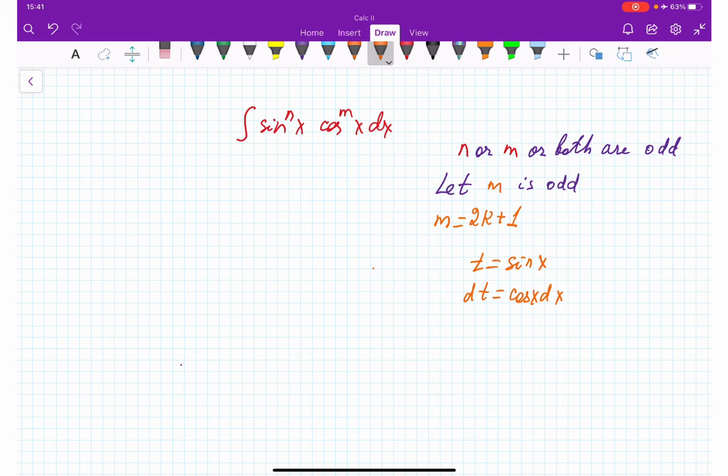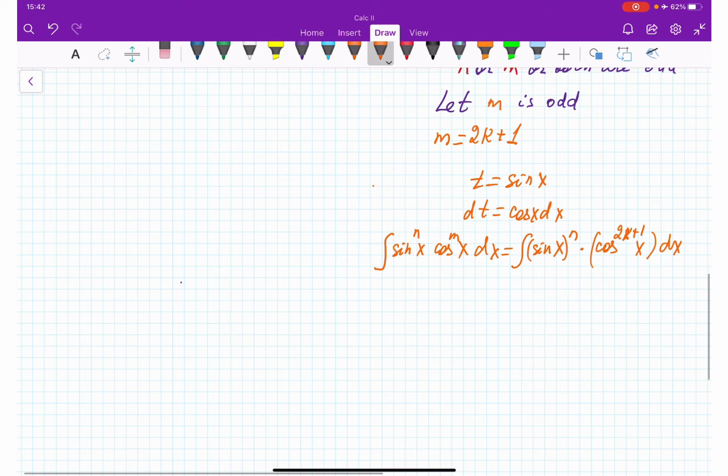Then the integral of sine x to the power n times cosine x to the power m dx is going to be equal to the integral of sine x to the power n times cosine x to the power 2k plus 1 dx.